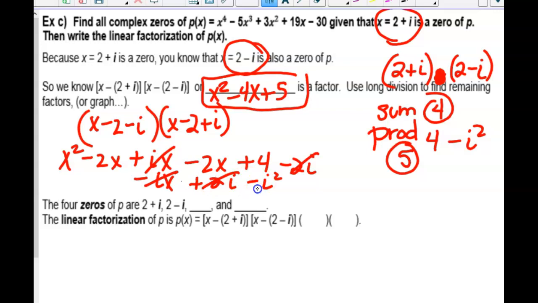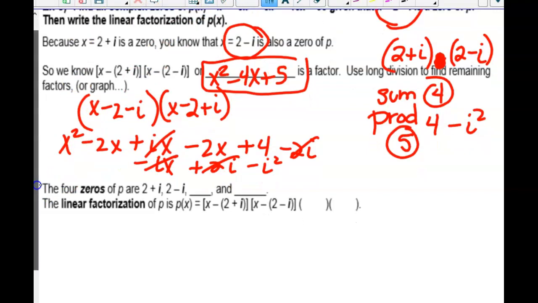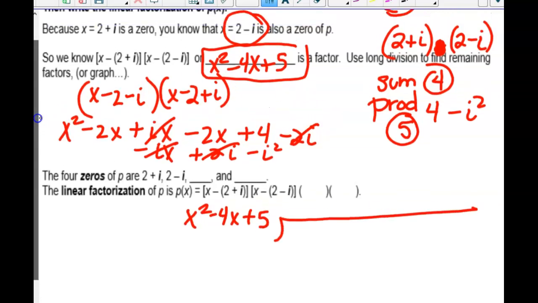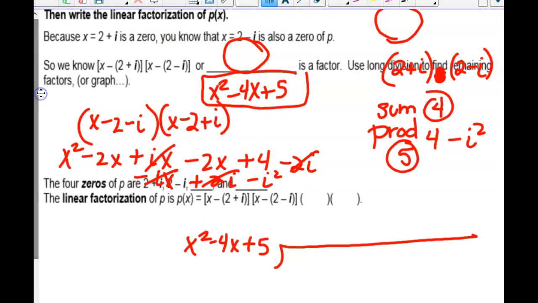All right, but it says find the other two zeros. This was a degree 4 polynomial up here, yes? So there's 2 more zeros. Lovely. We could graph, but the other thing we could do real fast is divide x squared minus 4x plus 5 into the original polynomial.